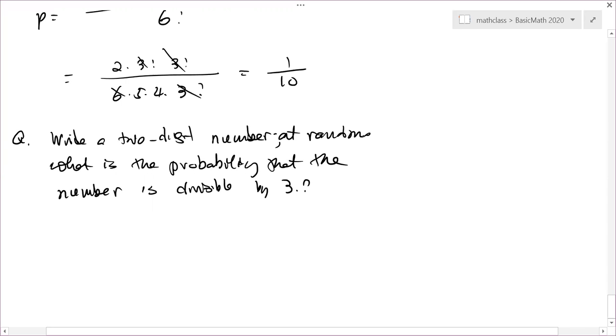You let the machine generate a 2-digit number, right? What is the probability that the number is divisible by 3?